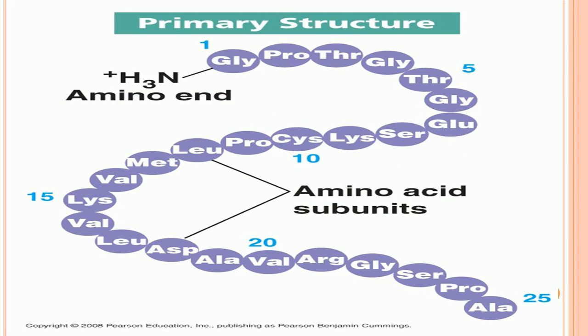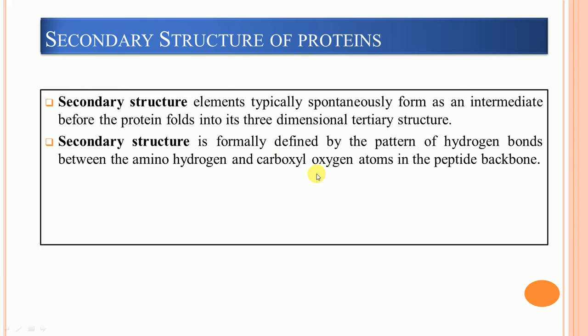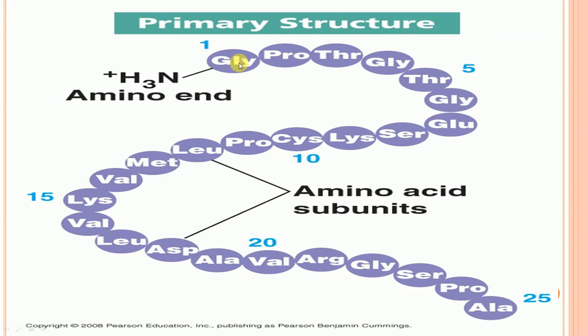In another sense, this is also the primary structure, in which this is called the amino end, while this is called the amino acid subunits. Actually, there are 20 different types of amino acids which I'm going to give special names. The first one is glycine, this is proline, threonine, glycine, threonine, glycine, and this is lysine, cysteine, proline, leucine, valine, and many more.